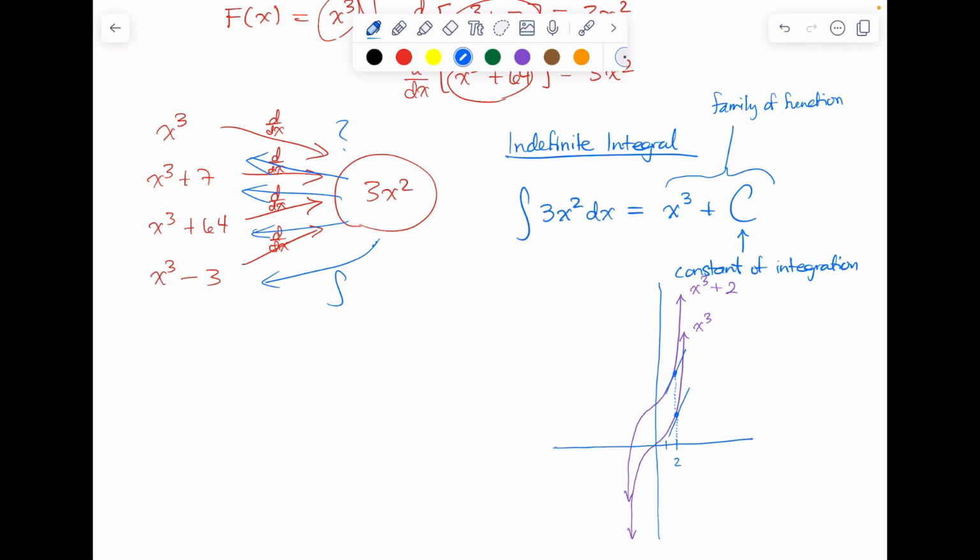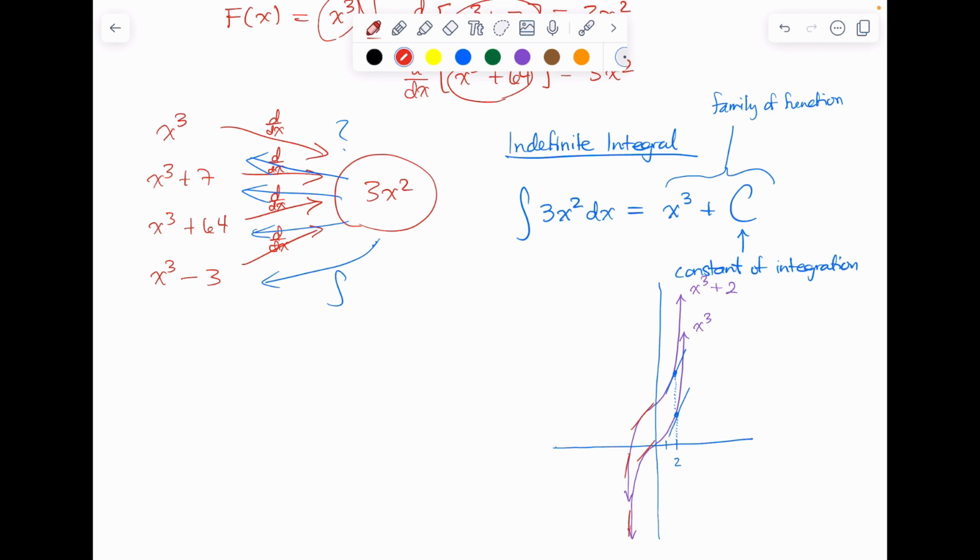Right now it isn't, because I'm probably not very good at doing that vertical translation. But the idea is all tangent lines at any given x value should be the same. And that's why we have an infinite family of functions for our indefinite integral.